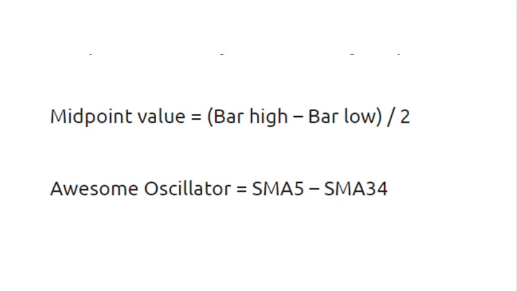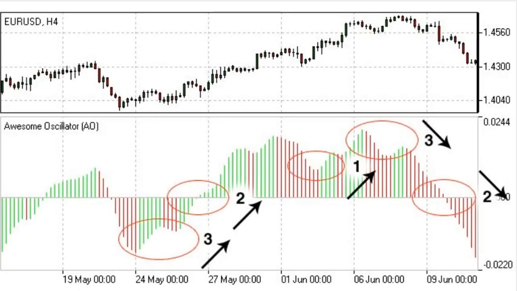But instead of the closing price, the indicator uses the bar midpoint value. Although it may look like a complex formula, the reality is that it's fairly simple, and it is as follows, as you can see. In simple terms, the bar will be green if it has a higher value compared to the previous bar, and it is red if the value is lower compared to the previous bar.